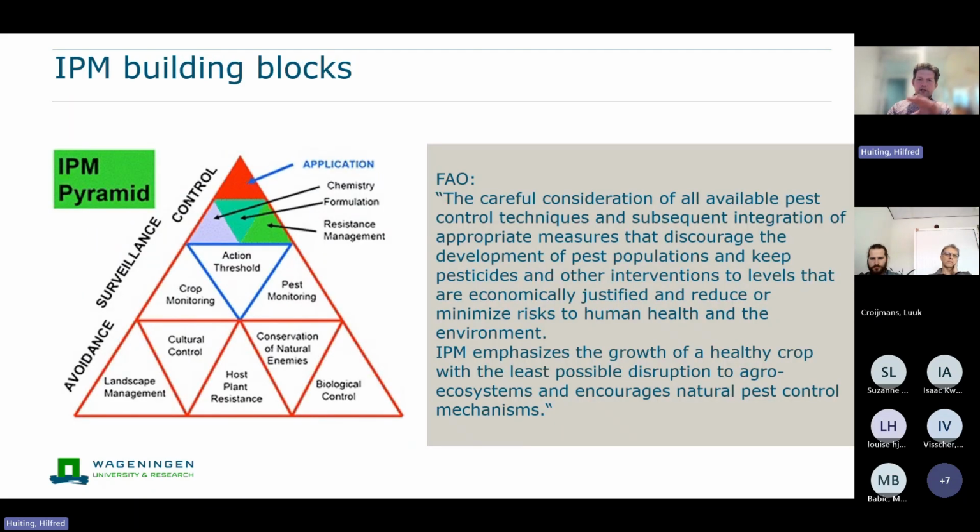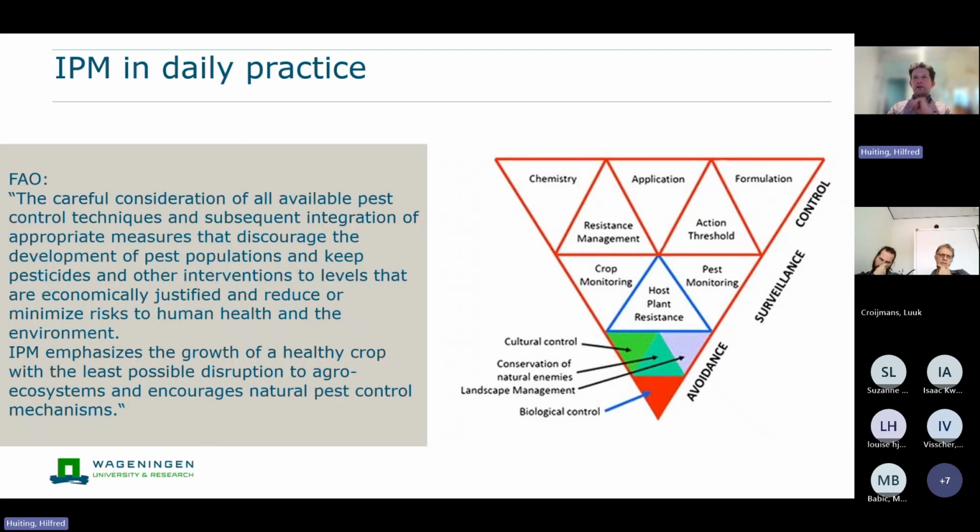But then if you go to practice, and we all know this IPM triangle or variations of it, then this is more or less the theory. And in common practice, this in many cases is practice. So all these basic building blocks go to the background, and a lot of the daily interest is about pesticides, how to use them, when to use them, what are their effects, how can they be combined, stuff like that.